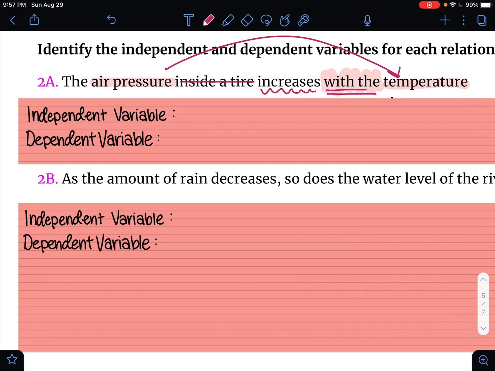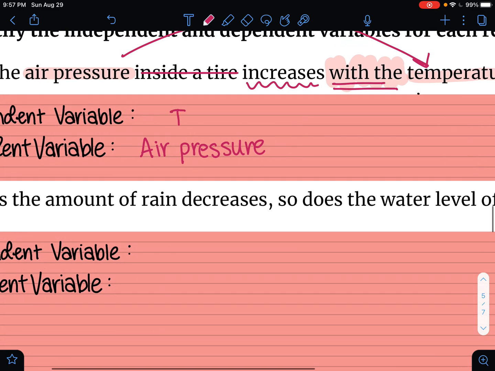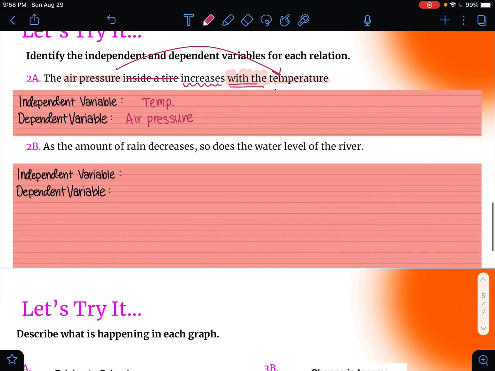And because the air pressure is so dependent on the temperature to change, we know that's the dependent variable. So we have air pressure, and we have temperature. I'm just going to abbreviate that for speed.